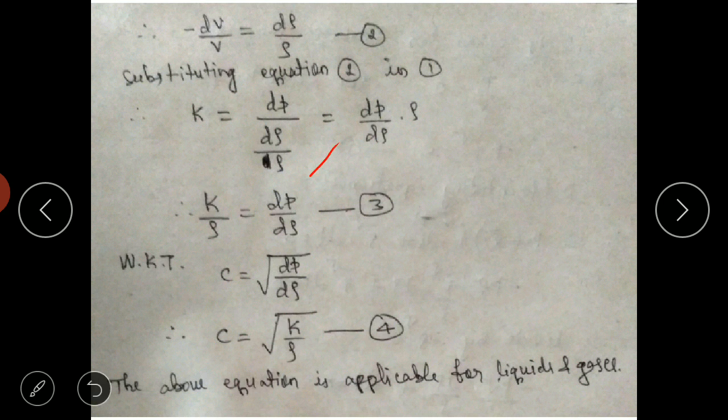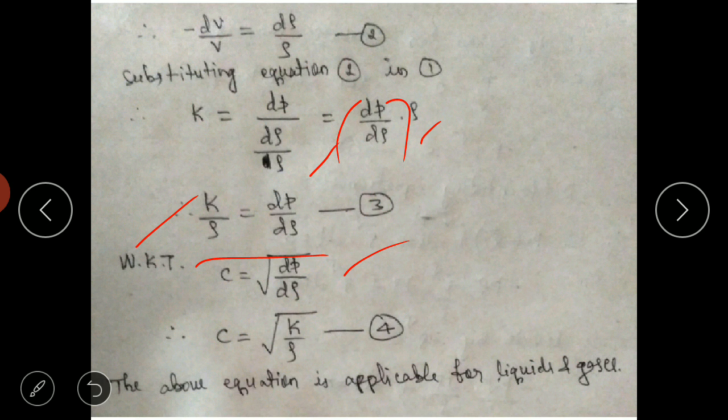In place of dV by V, we substitute d rho by rho. After substitution, we get the new equation K is equal to dP divided by d rho by rho. Rearranging, we get dP by d rho is equal to K by rho. We know that the square root of dP by d rho is C, from the velocity of sound derivation.